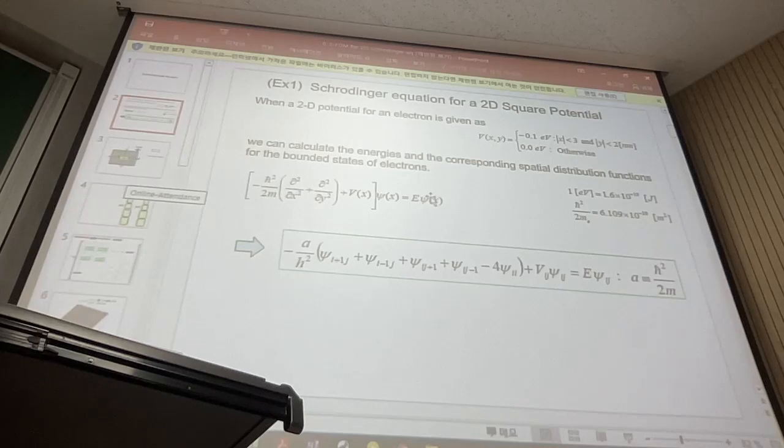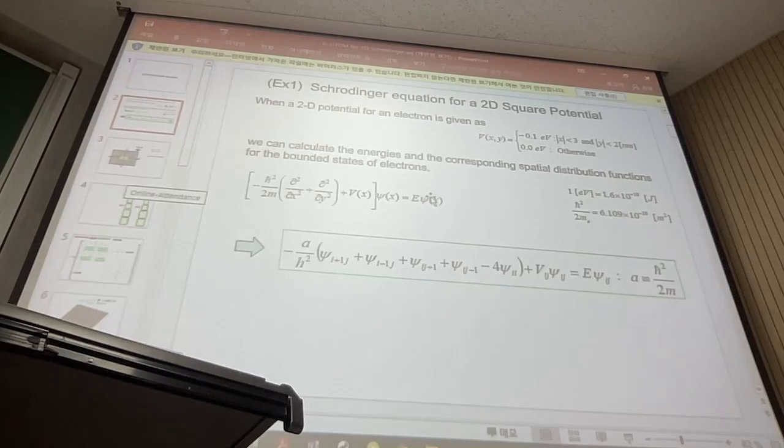So this is a two-dimensional operator, and this one can be matrix. Right? Multiplied with the column vector is equal to E times column vector. So matrix product with the column vector equals a constant times the column vector.